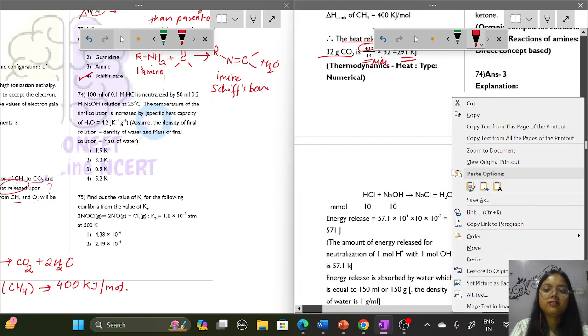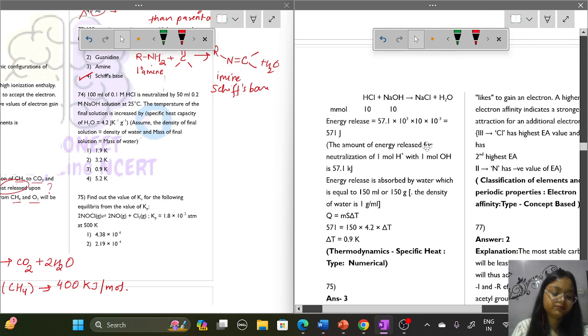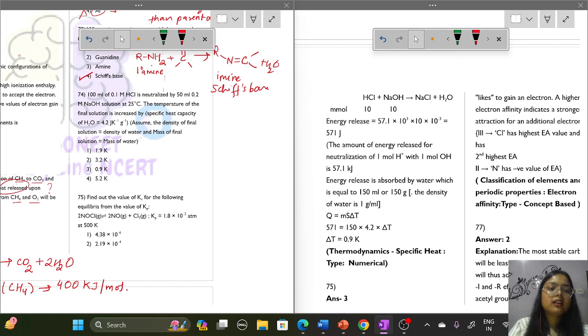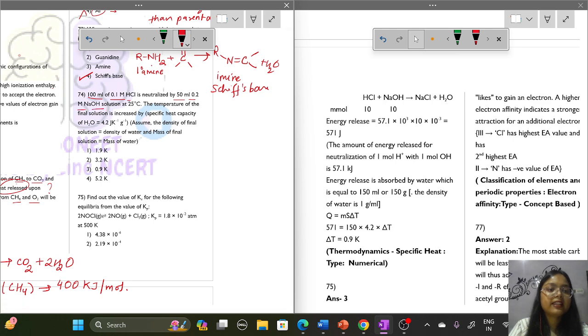Question number 74. 100 ml of 0.1 molar HCl is neutralized by 50 ml of 0.2 molar NaOH solution at 25 degrees Celsius. The temperature of the final solution is increased. The specific heat capacity of water is given as 4.2 joule per Kelvin per gram.